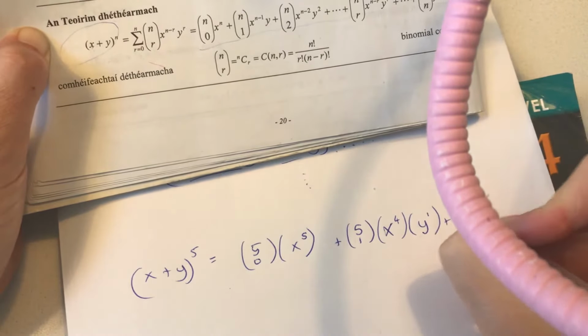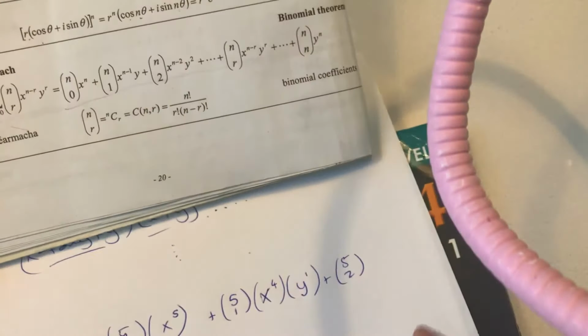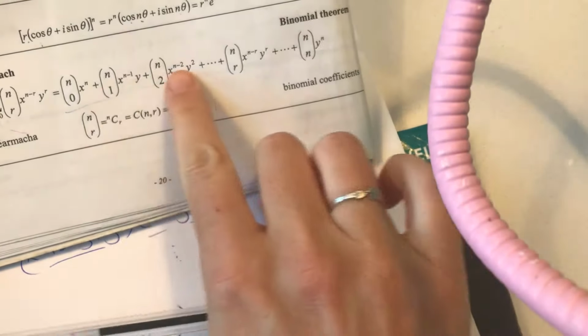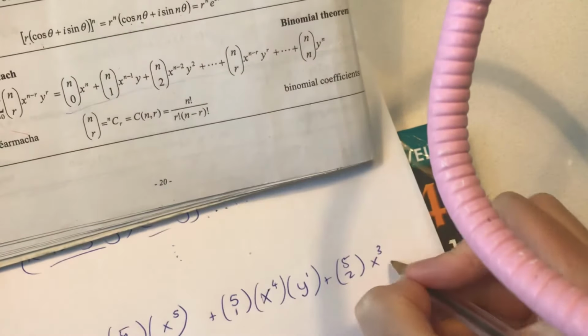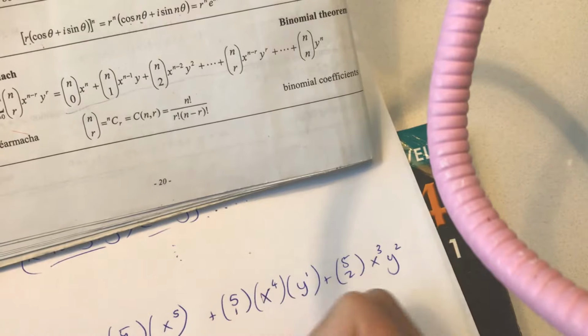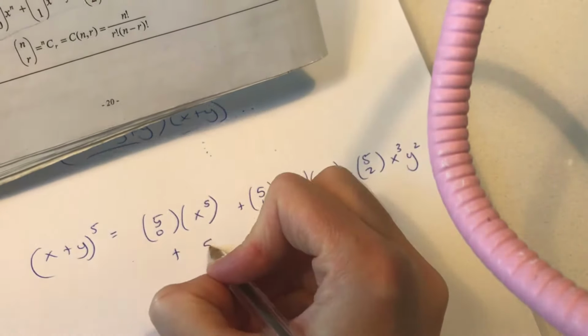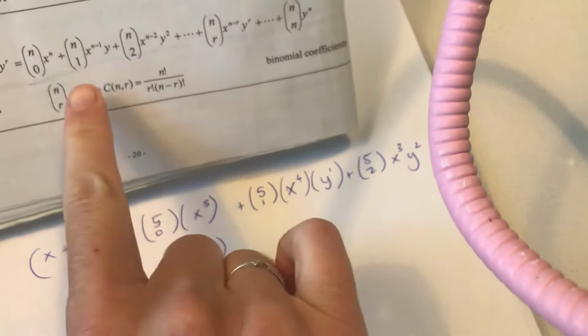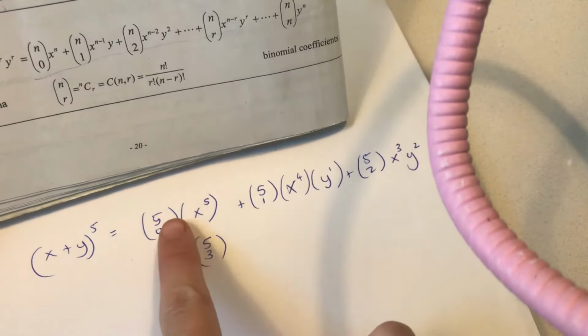plus 5 choose 2, x to the power of 3, y to the power of 2, plus 5 choose 3, and you keep going like that. Now we can see the pattern.